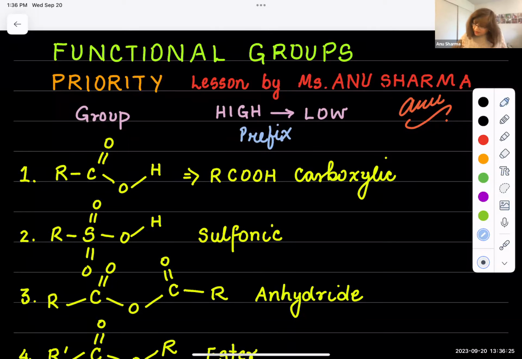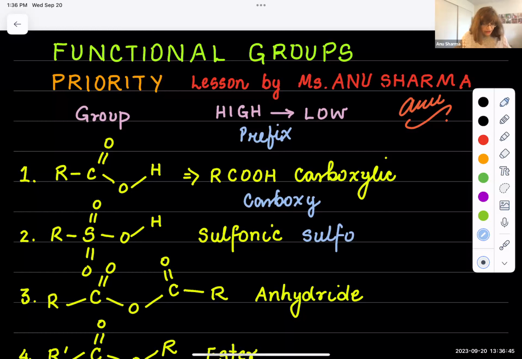If this is a prefix, it is carboxy. In naming, prefix comes first. So carboxy, then this would be sulfo, right?